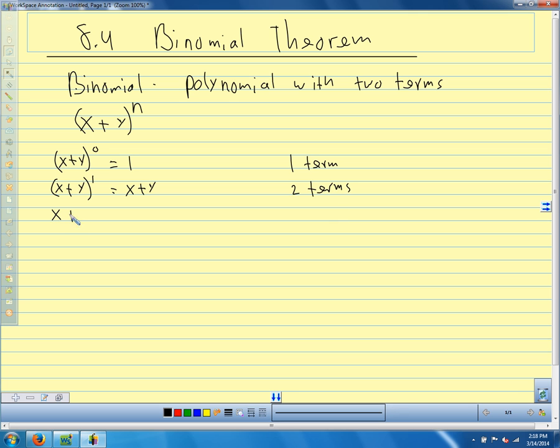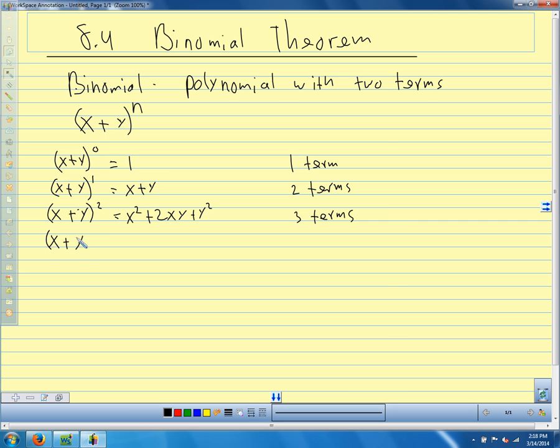Now let's look at x plus y squared. And we multiply that out. I'm not going to make us do that, but we get x squared plus 2xy plus y squared. And we get 3 terms. Let's do x plus y to the third.